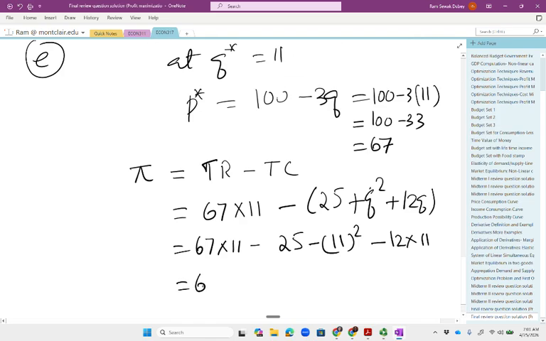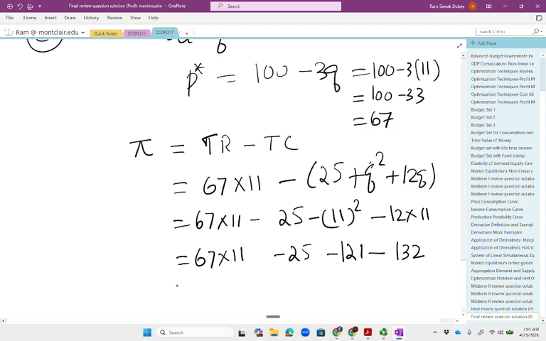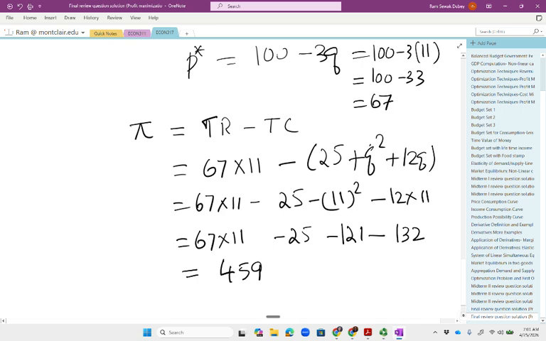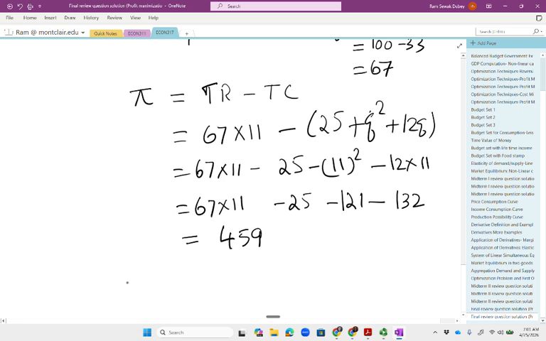I will write it once more, simplifying at least some terms. So 11 square is 121. 12 times 11 is 132. And if we do this simplification, the answer should turn out to be 459. So that's our solution.